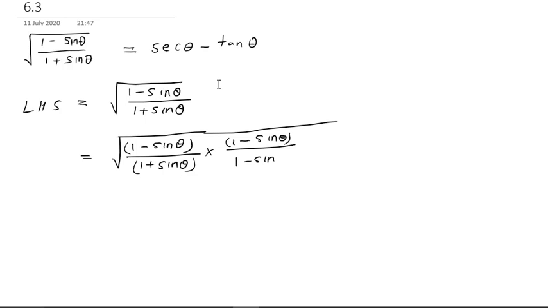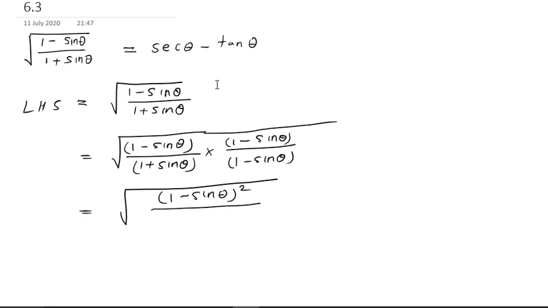Now my numerator will become (1 minus sin theta) the whole square, and the denominator will become (1 plus sin theta) into (1 minus sin theta), which is 1 minus sin square theta.